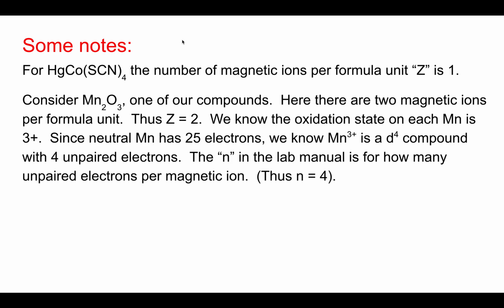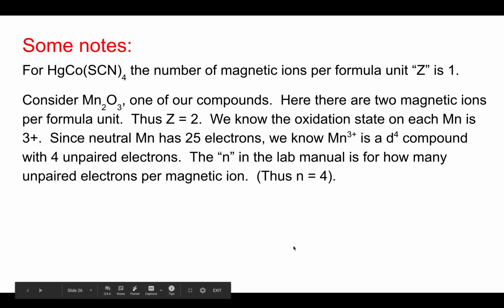So you would write out the electron configuration for Mn. We know it has 25 electrons, and we know that O is 2 minus, so that means Mn has to be 3 plus. So we know Mn 3 plus is d4, and we write 1, 2, 3, 4, and we know it has 4 unpaired electrons.